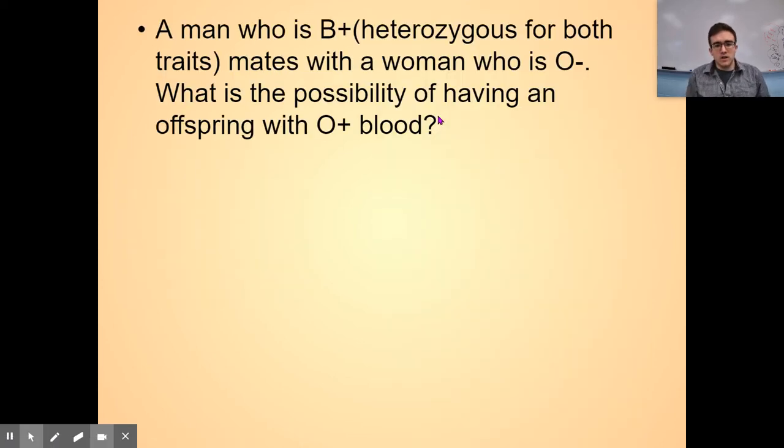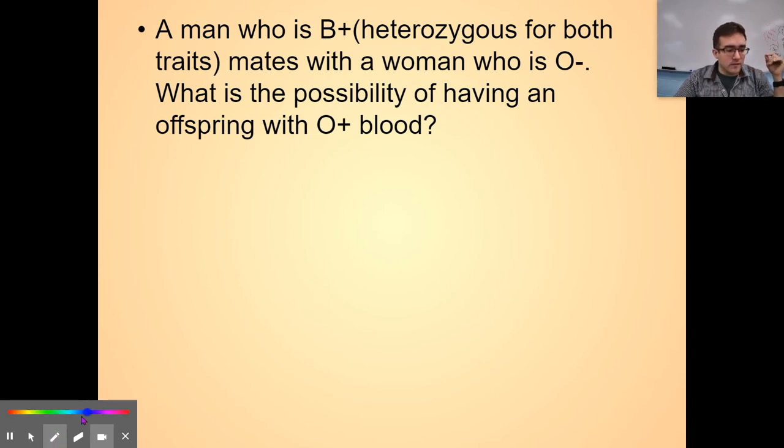So now, for blood typing problems, we get this kind of dihybrid situation set up. It says a man who is B positive, heterozygous for both traits, mates with a woman who is O negative. Is it possible of having an offspring with O positive blood? So here's how you would figure it out.